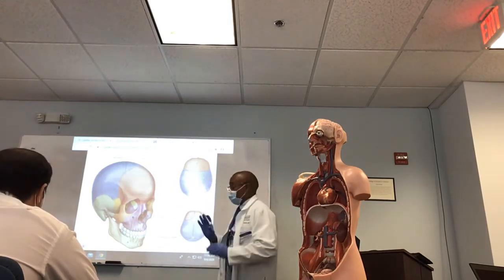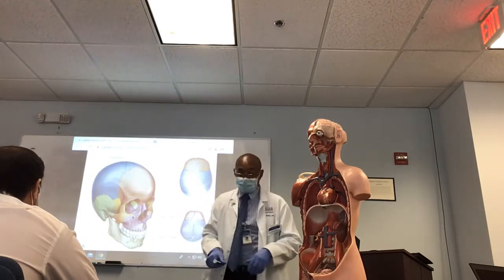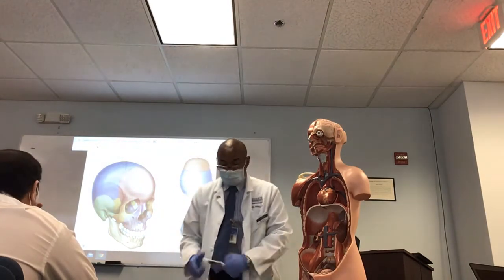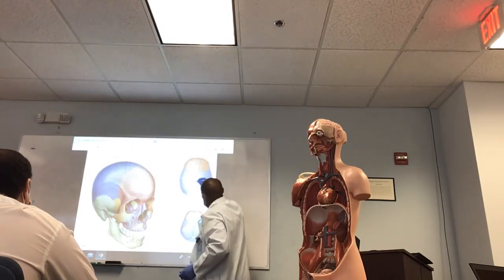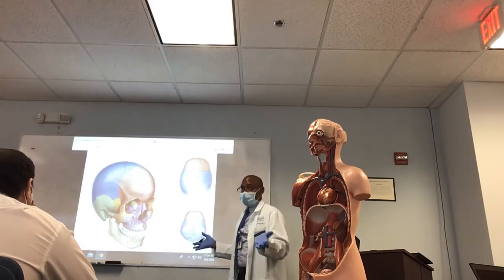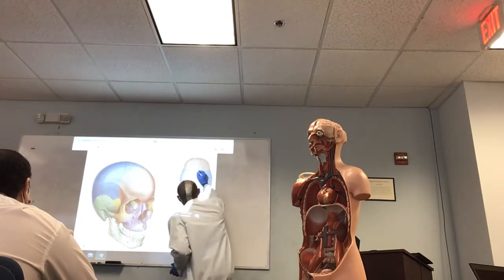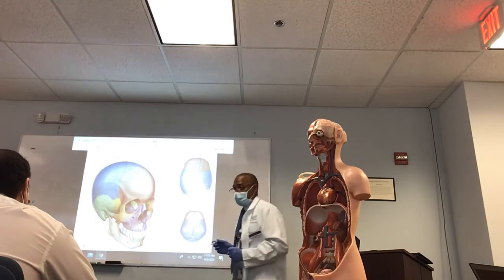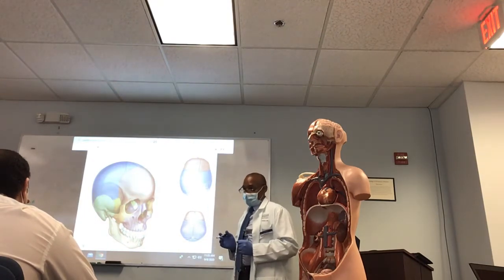So any plane that you orient parallel to the sagittal suture, what is this? The sagittal plane. The plane that coincides exactly, millimetrically, on the midpoint is the mid-sagittal plane.